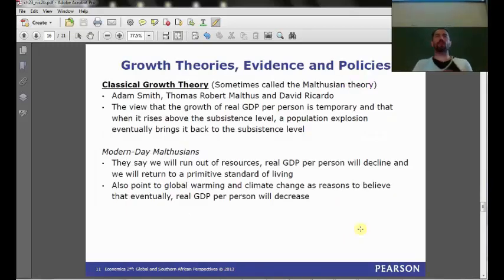So chapter 23 ends off with quite a detailed discussion on different growth theories. So it begins with a discussion on the classical theory of growth.